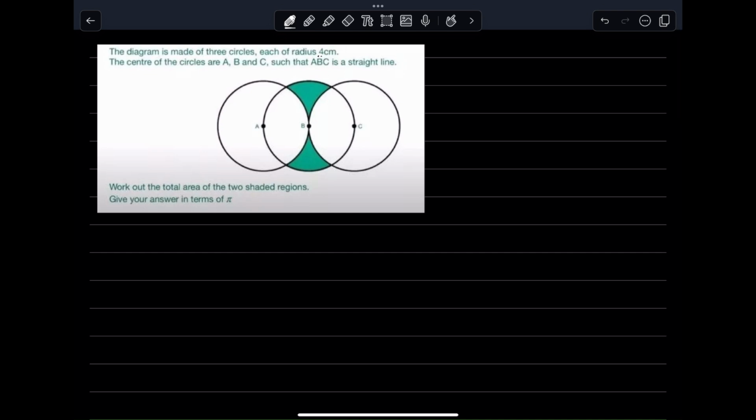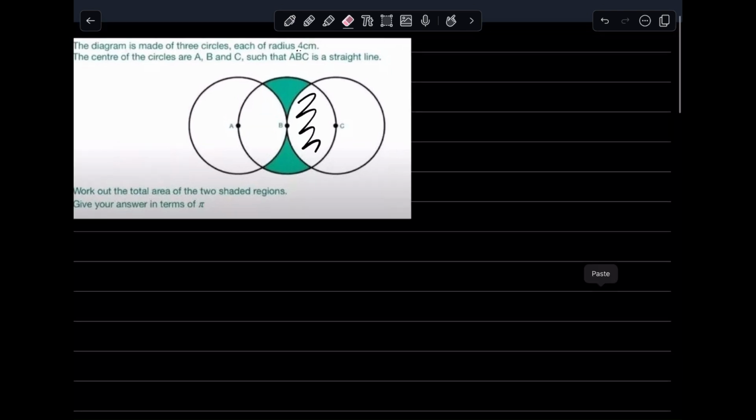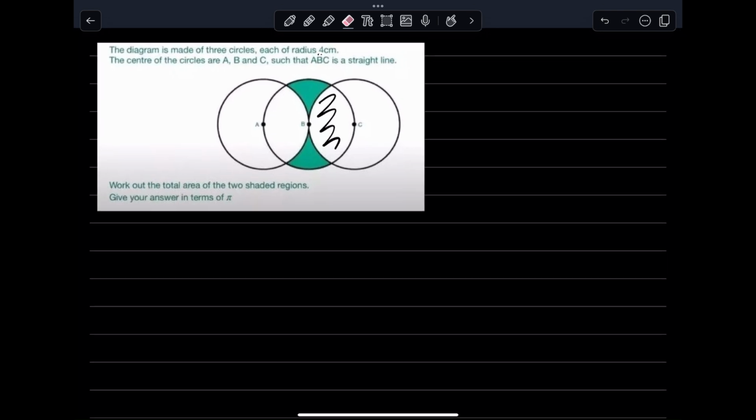Okay, so my first thought when I saw this question was to calculate the area for these 2 regions and then take that away from the large circle, which is definitely doable and works in a very similar way to the preferred method, but it's just a little bit more inefficient, as you'll see later.